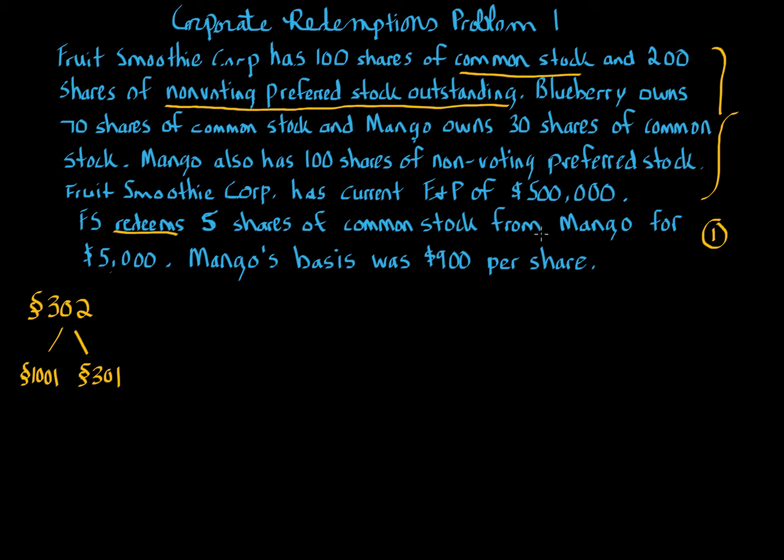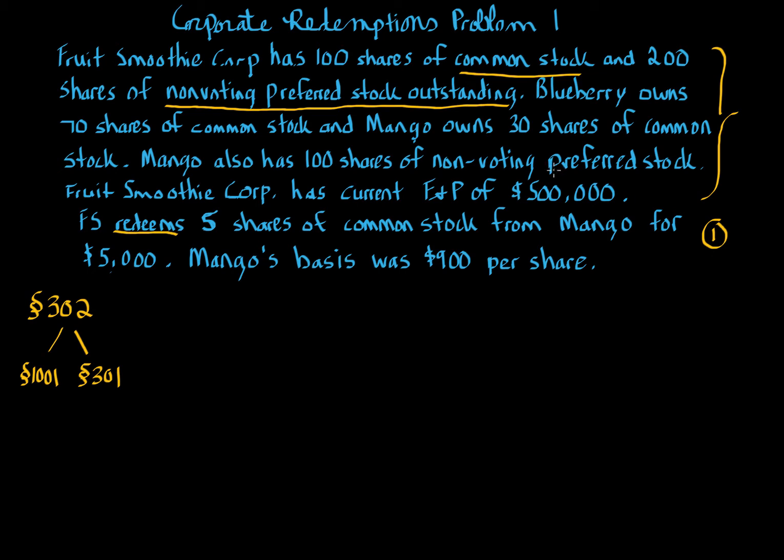Now, there's a special waiver rule for family attribution that's unique to just this rule, complete termination, but we don't have any family members here because the problem says nothing about how Blueberry and Mango are related. If you're not told the relation, you should always assume they're unrelated unless you're told specifically in a problem that they are related. That's very important.